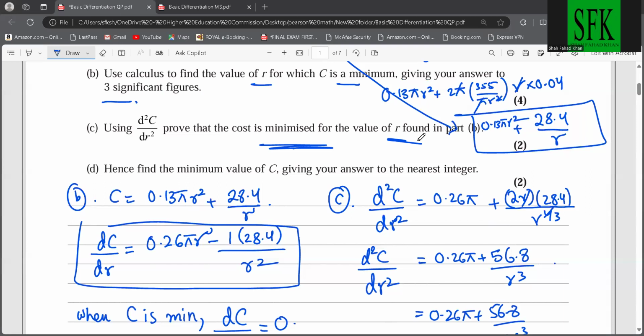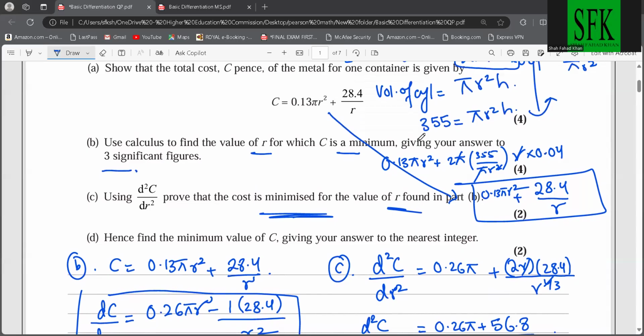The next part is to find the minimum value of C, giving your answer to the nearest integer.